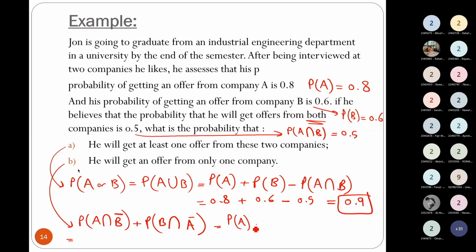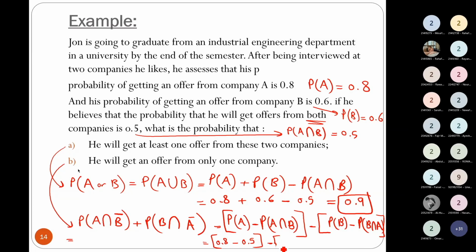P of A minus the intersection A intersection B, this is the first, plus the second, P of B minus the intersection. This equals probability of A, 0.8, minus the intersection 0.5, plus probability of B, 0.6, minus the probability of intersection 0.5.